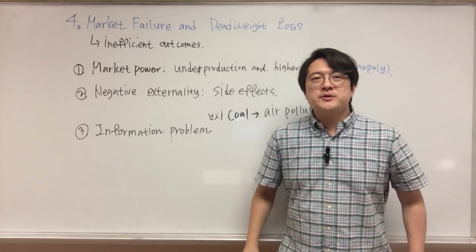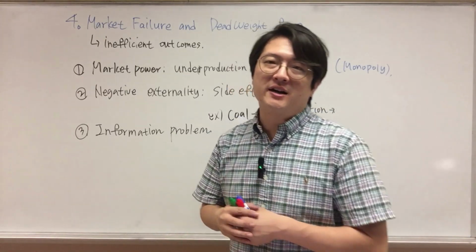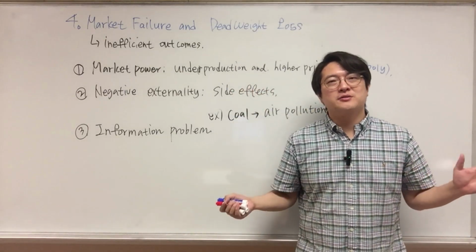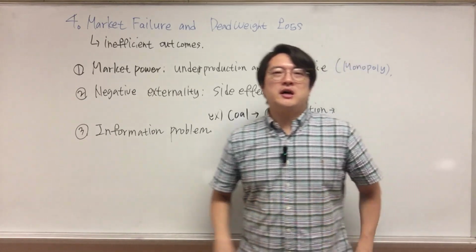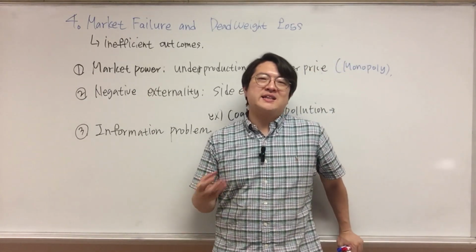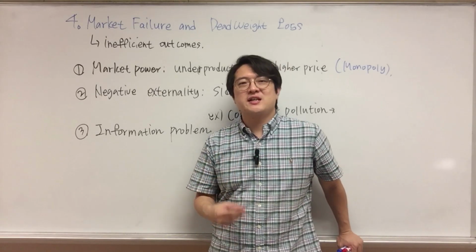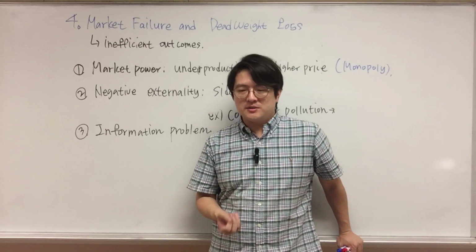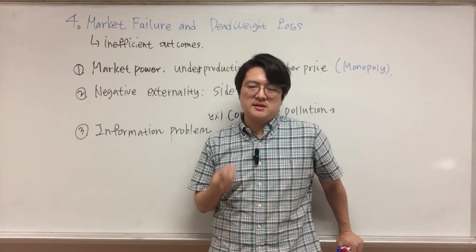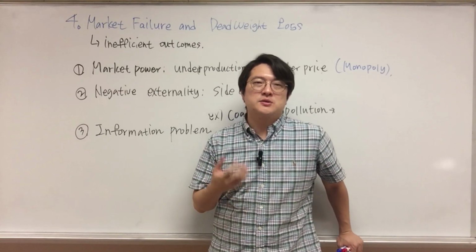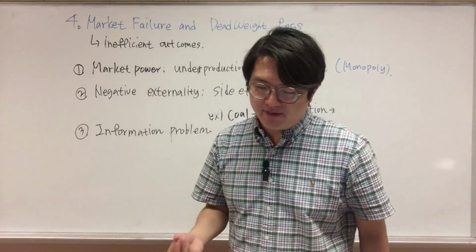So the sellers know the conditions of the used car, but consumers do not know, right? So you can buy cars that are not in good condition, right? And you lose trust in the seller. So that is a problem. So it causes inefficient outcomes. Okay, so this is why we have market failure.